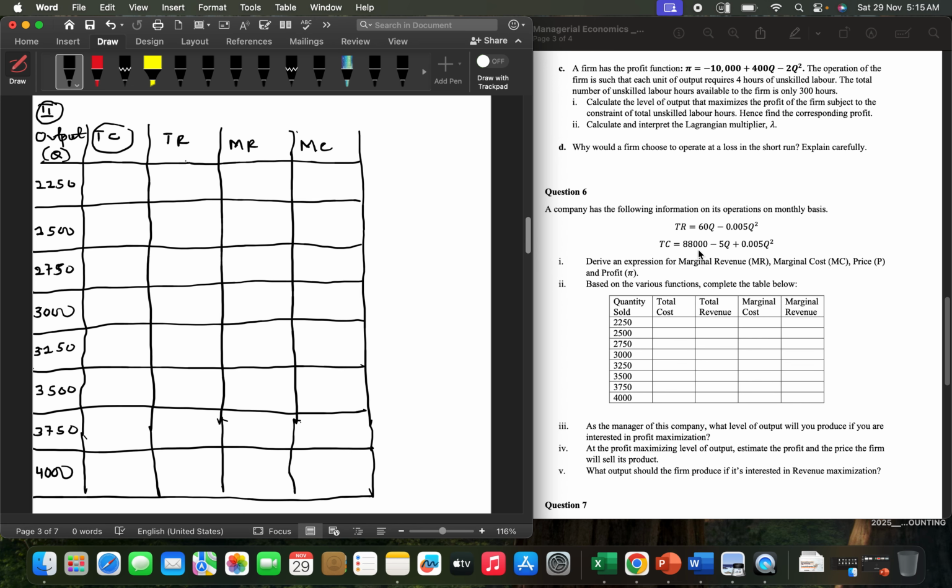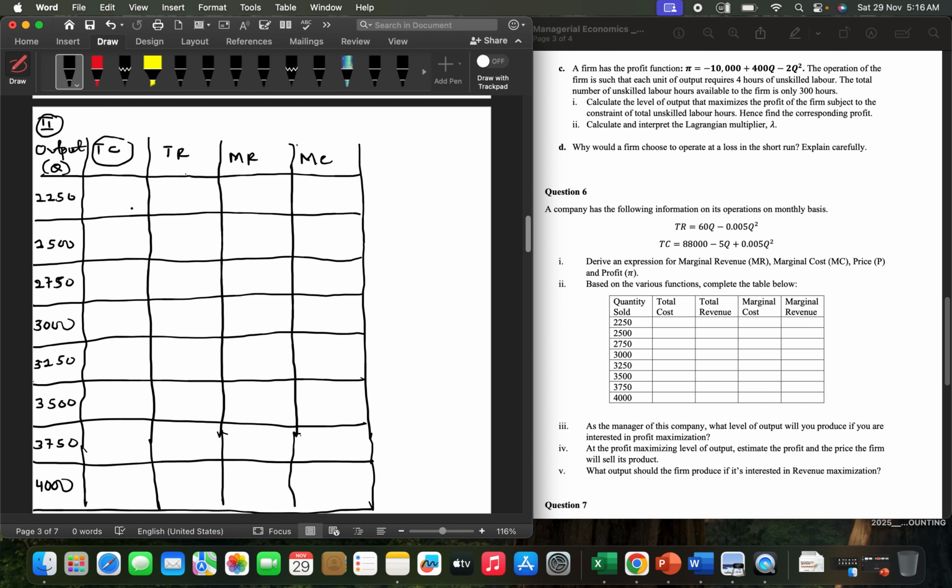Wherever you see Q, you fix 2250 for the first total cost. For the next total cost, you fix 2500. Basically, to calculate the total cost column, you pick the total cost function and substitute the various Q to get the whole of total cost.